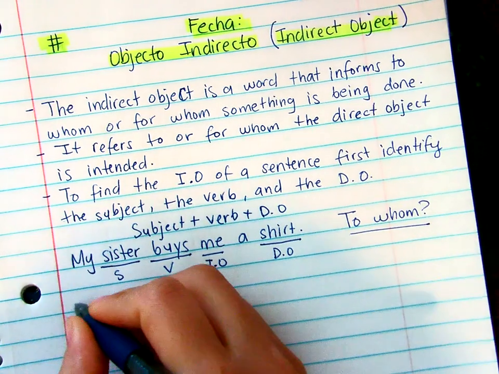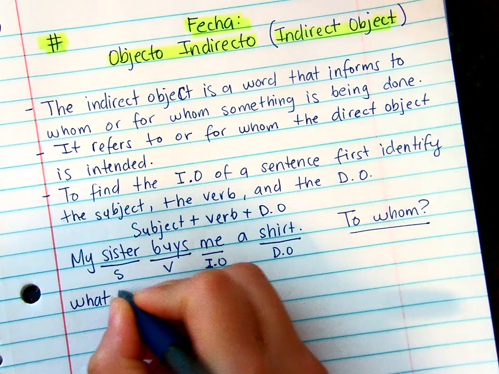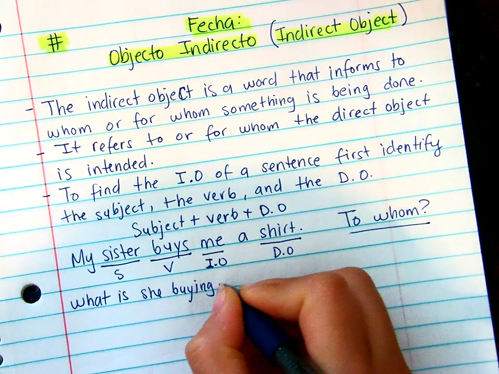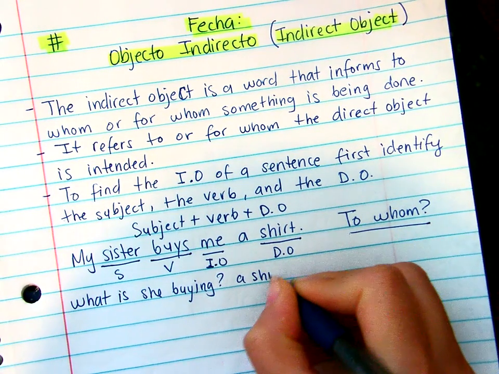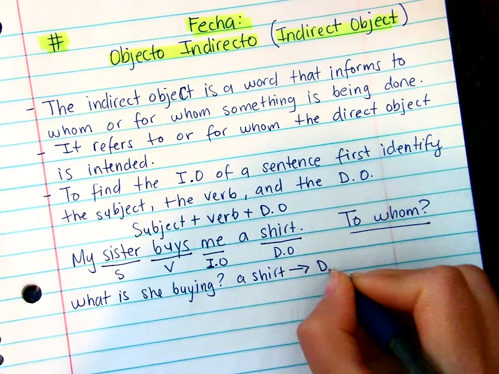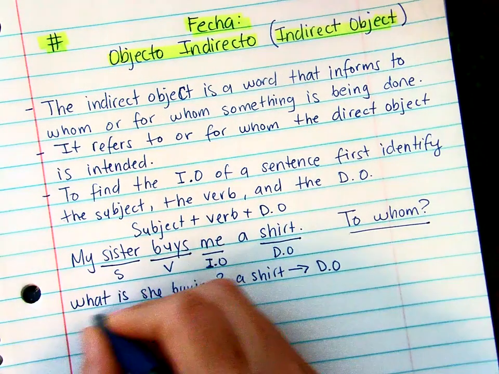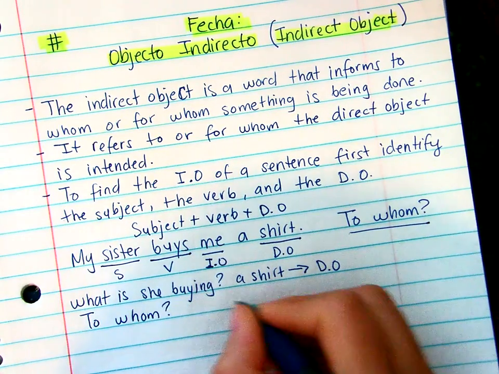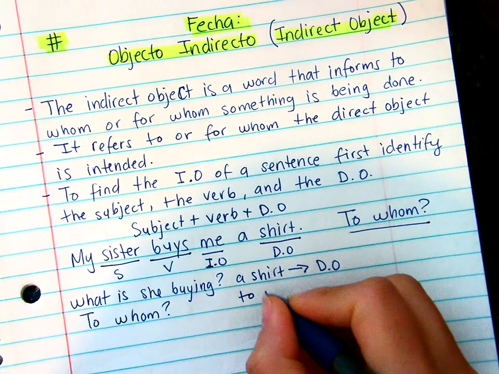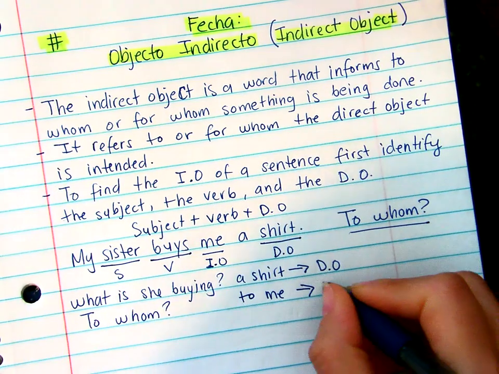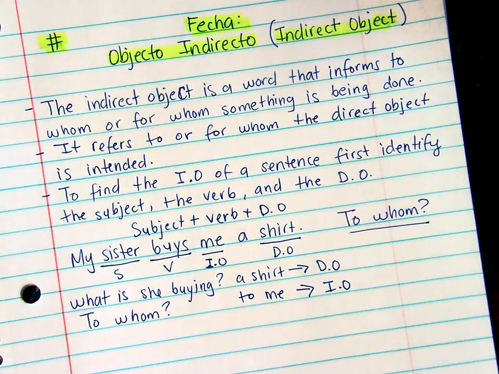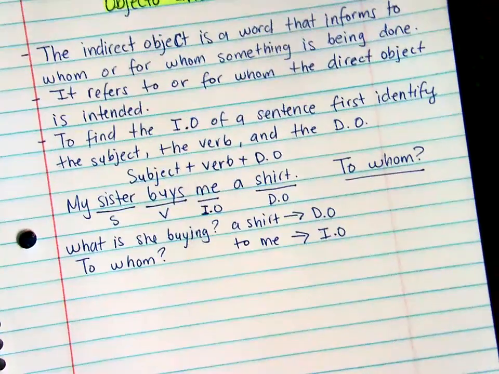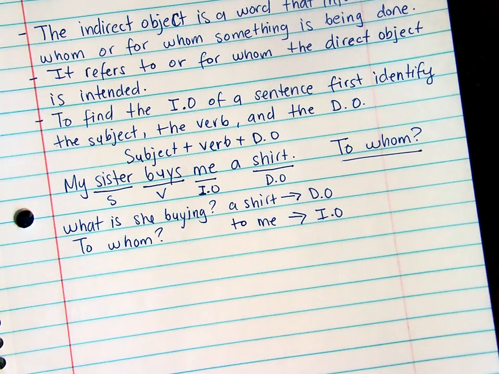Alright? What is she buying? She's buying a shirt. That is our direct object. To whom is she buying it? To me, right? That is the indirect object. Okay? So, indirect object will be to whom the action is intended in a sentence. Okay?